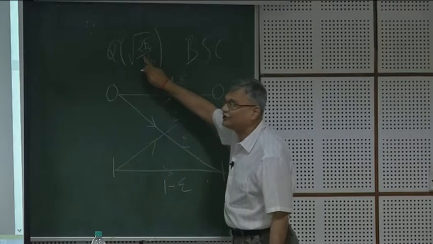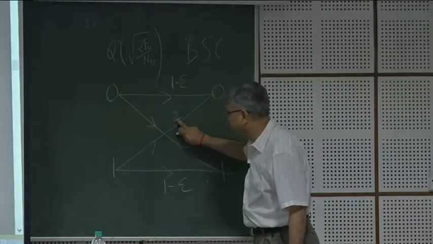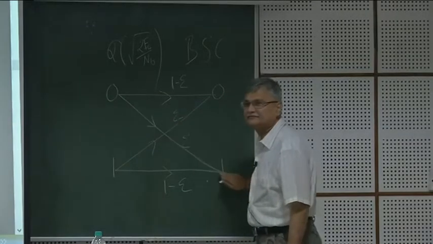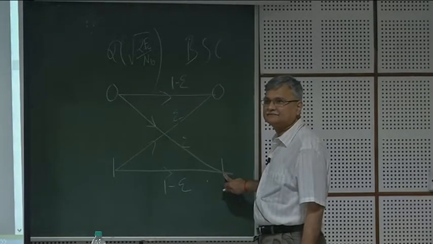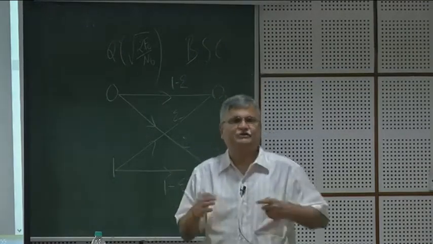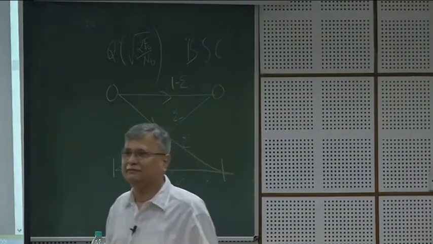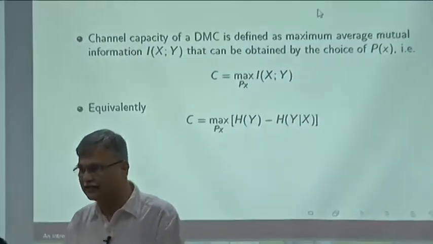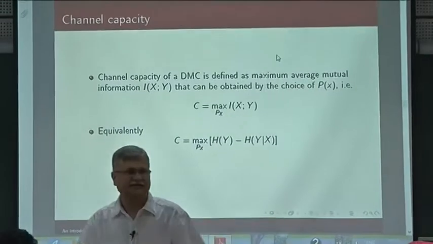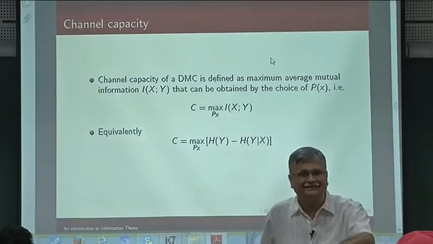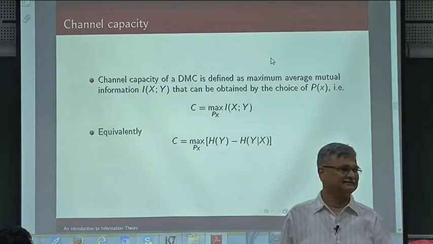It is telling the probability of error, that 1 becomes 0 or 0 becomes 1. Don't you know that in the case of the additive white Gaussian channel, when you are using binary BPSK modulation, the probability of 1 becoming 0 is the same as 0 becoming 1? So the error is symmetric. That epsilon is known to you. So the AWGN channel is nothing but a binary symmetric channel.